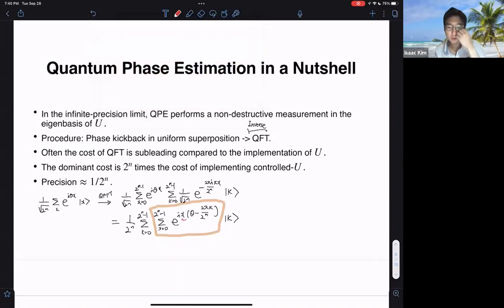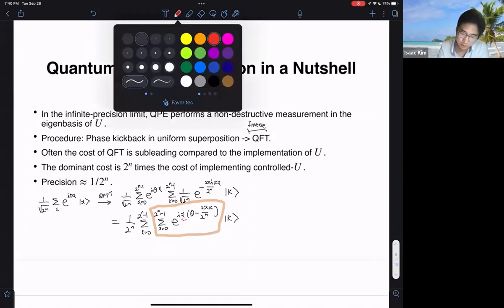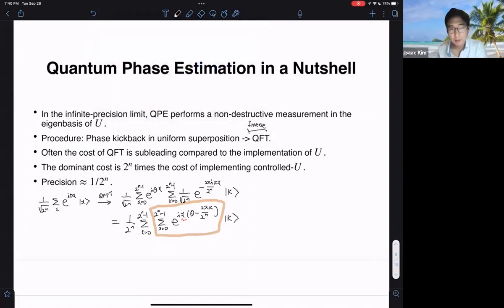So this is basically like a delta function, and its value is maximized when the thing in the exponent is as close as possible to 0. So the maximum is achieved when theta is 2 pi k divided by 2 to the n.